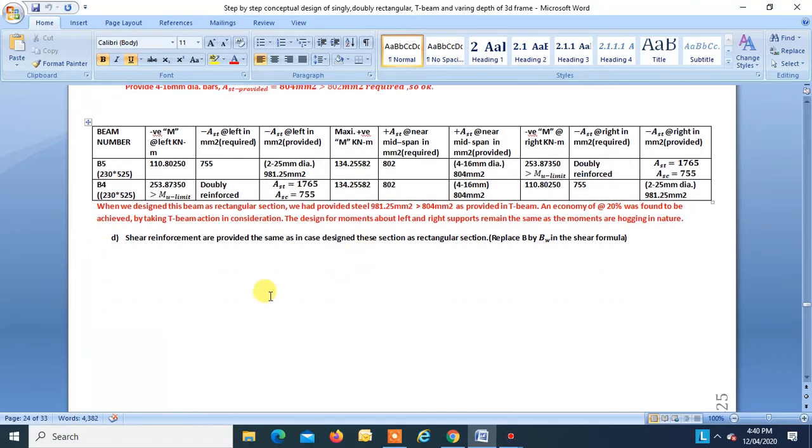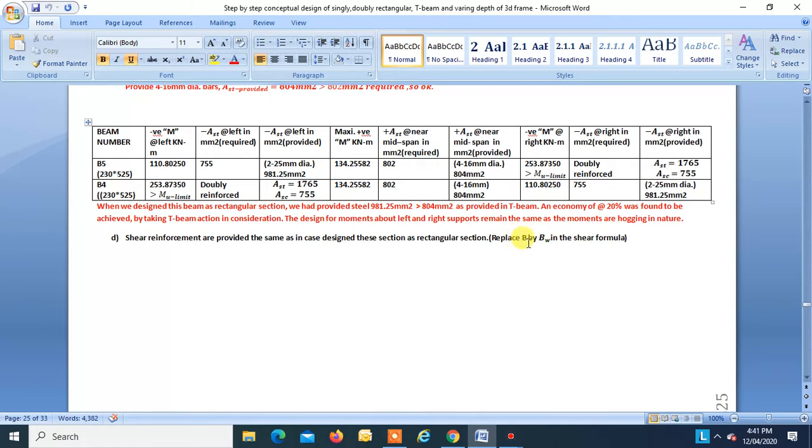Now shear reinforcement to be provided is the same as we provided in case of rectangular section in part 1. Only thing you have to remember is that for shear the formula is V divided by BD, so instead of B, you have to take BW.